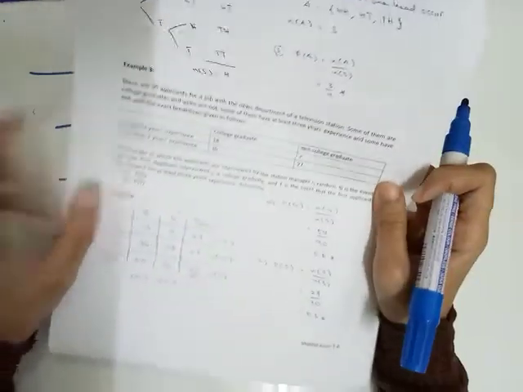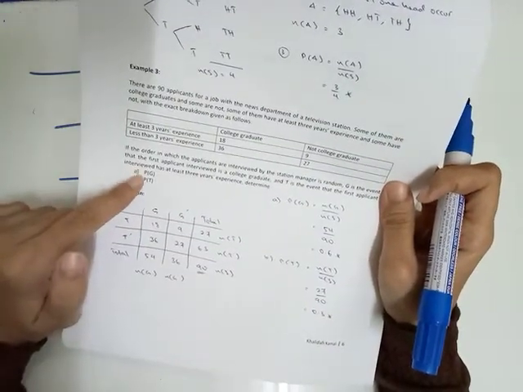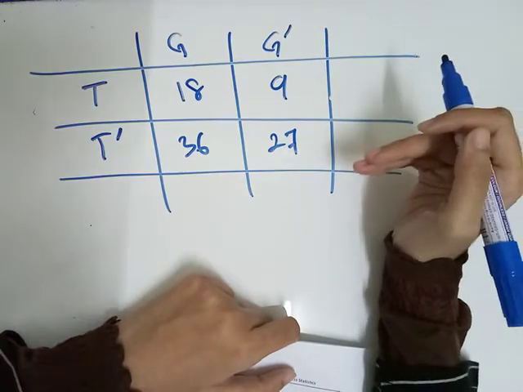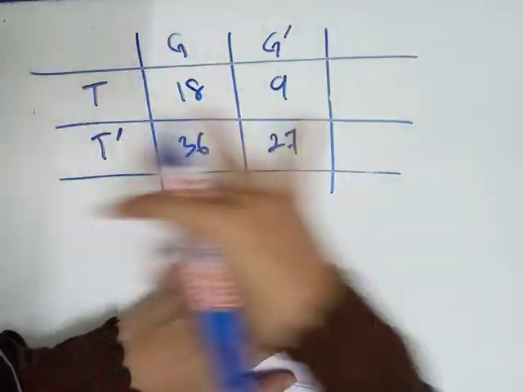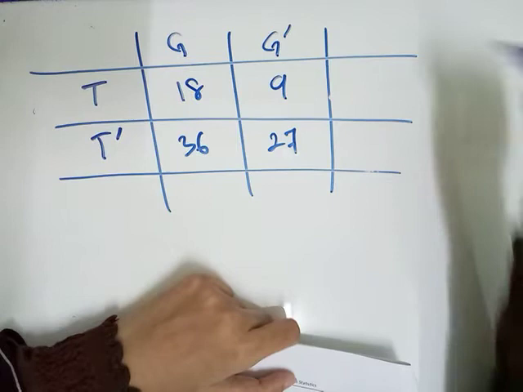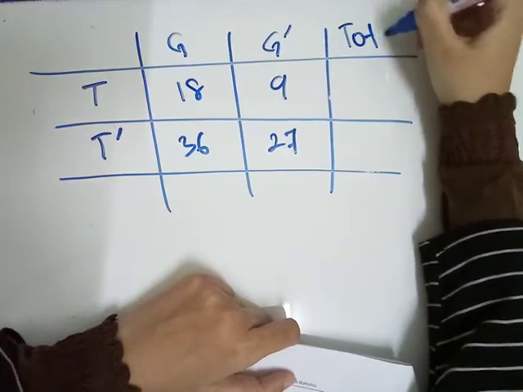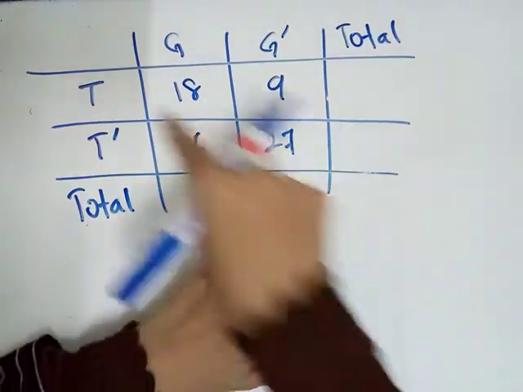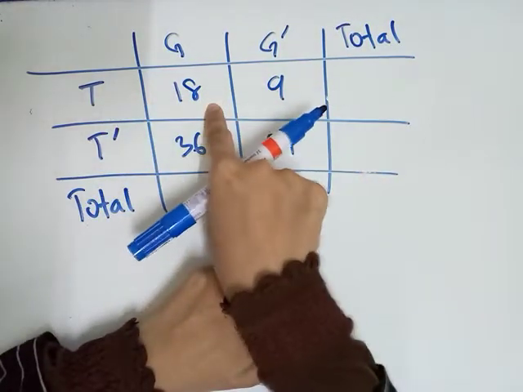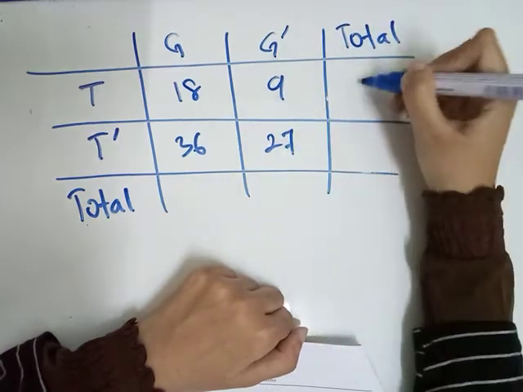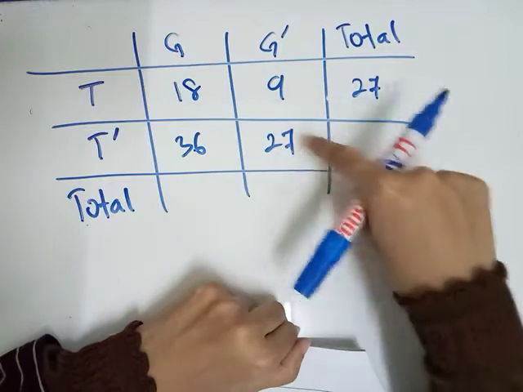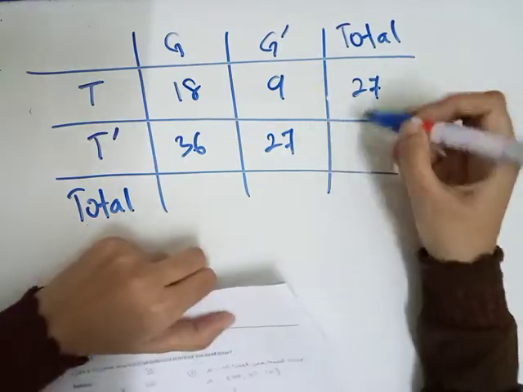Soalan minta apa? Determine the probability of G and probability of T. Bila soalan minta probability, that means first step we have to find the sample space. How to find the sample space? Kalau based on table, first we have to total up. Total up for the first row, 18 plus 9, we get 27. Second row, 36 plus 27, we get 63.